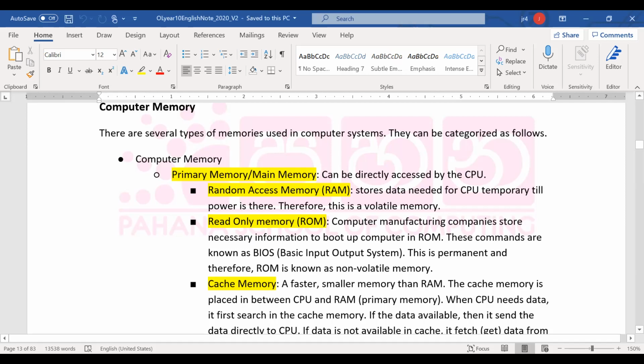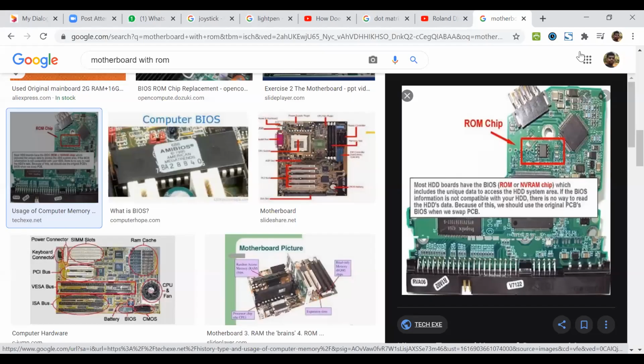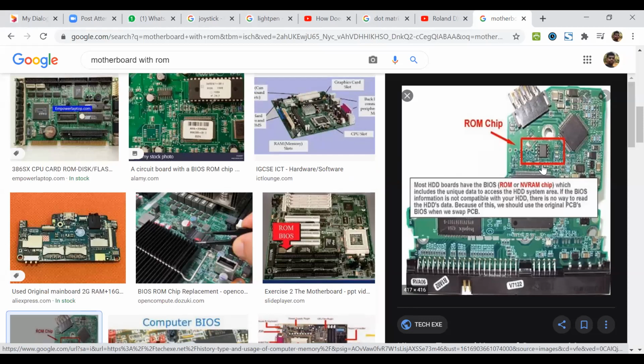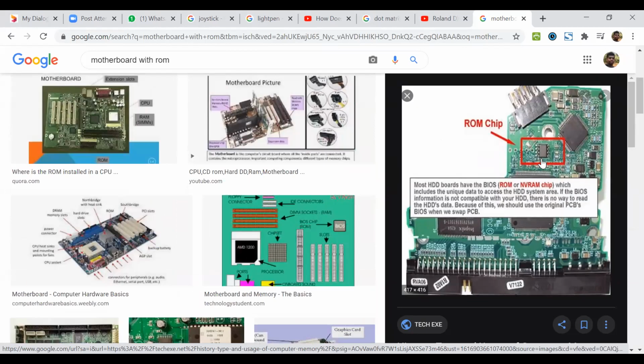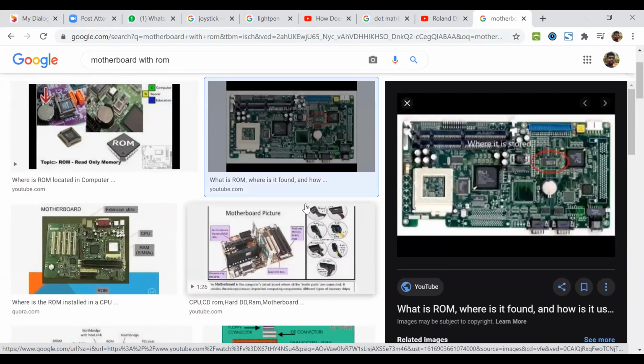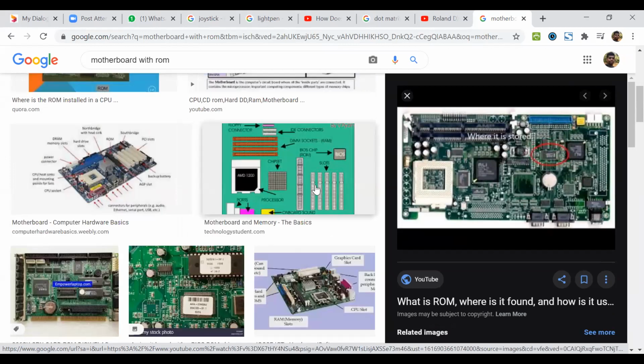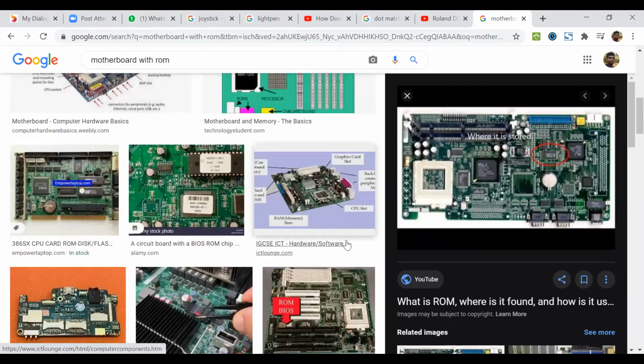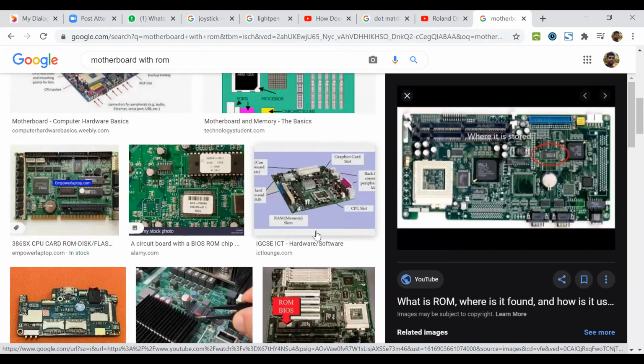So when you talk about these memories, here is the ROM chip on the motherboard.